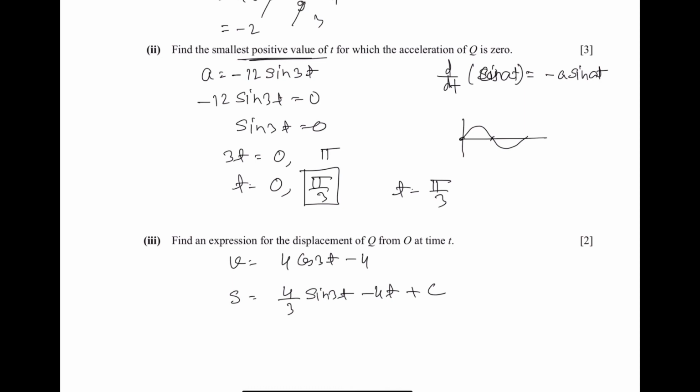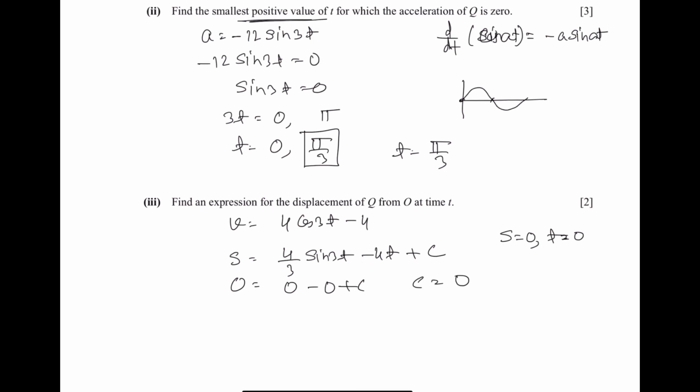Let me use some condition to find the value of c. Let us consider initially s is 0, t is 0, so 0 equals 0 minus 0 plus c, so c equals 0.